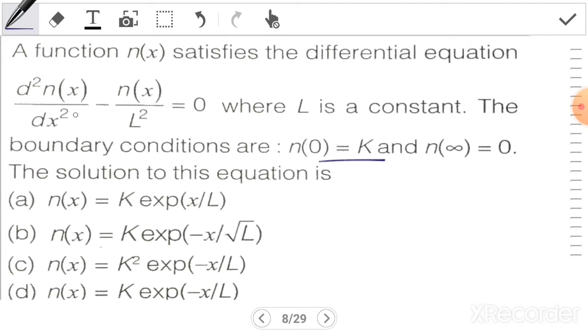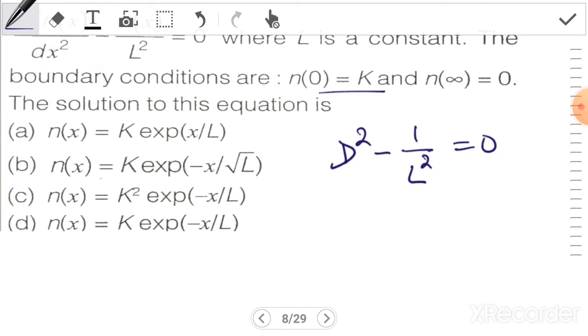Now the auxiliary equation is D square minus 1 by L square is equal to 0. Solving for D, we have D is equal to plus minus 1 by L, since this is in the form of a square minus b square.